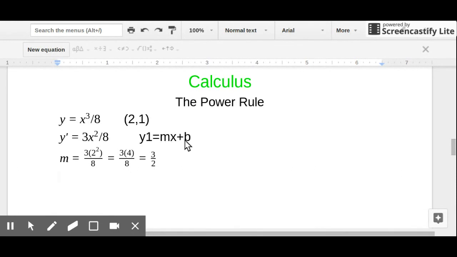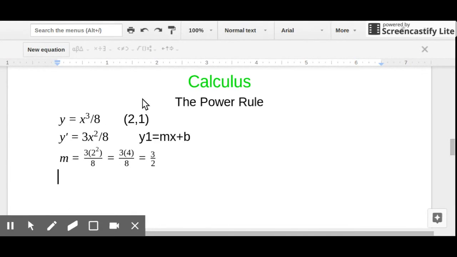Now we can use the slope-intercept form, or we could use the point-slope form for solving for b. It's all up to your own preference. I'm going to just use this one here.